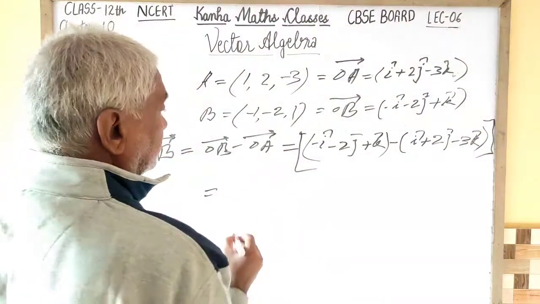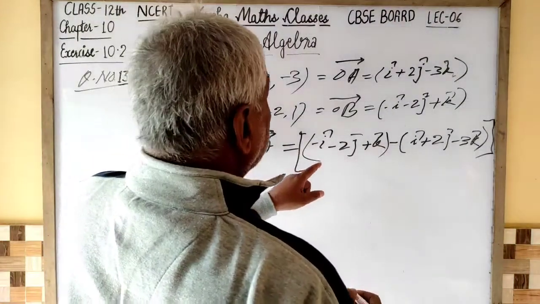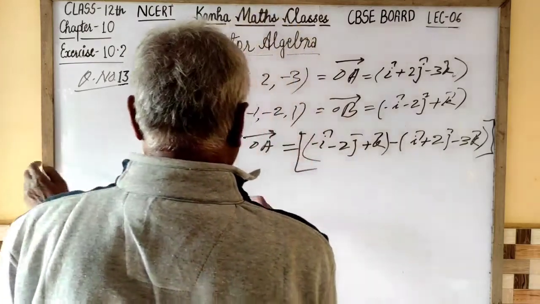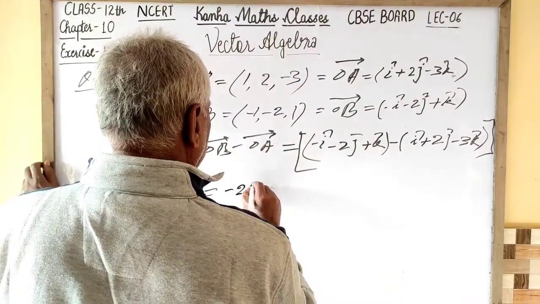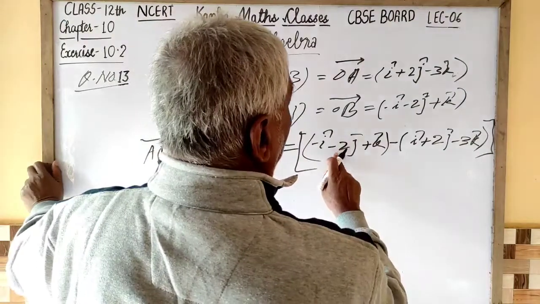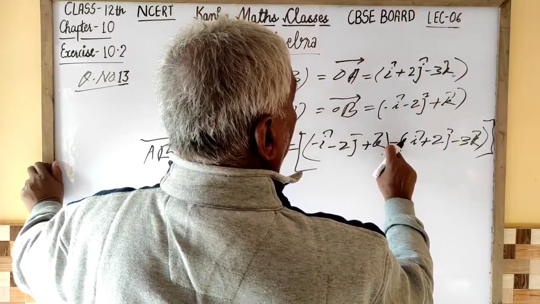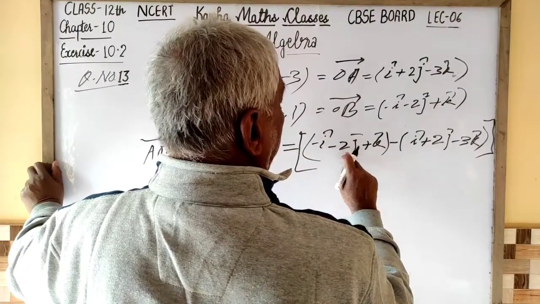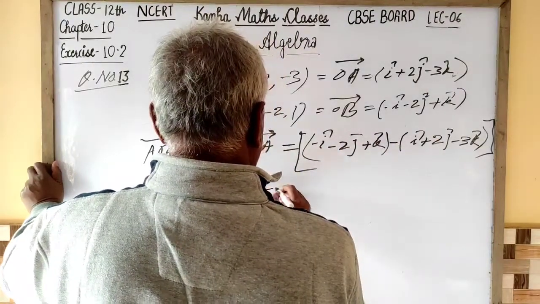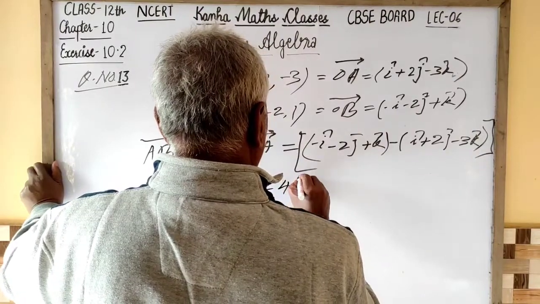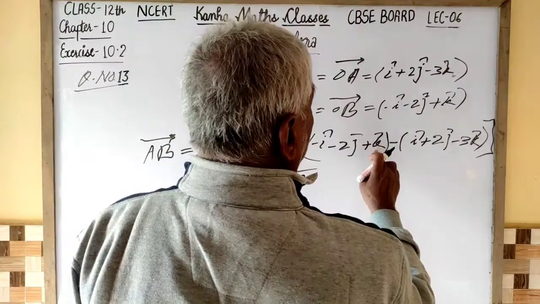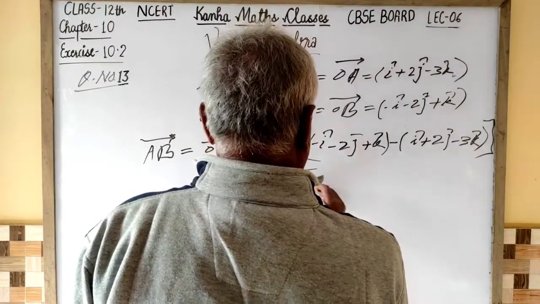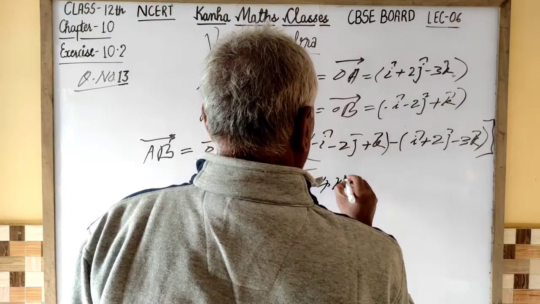Minus i minus i means minus 2i, minus 2j minus 2j is minus 4j, and plus k plus 3k is equal to 4k.